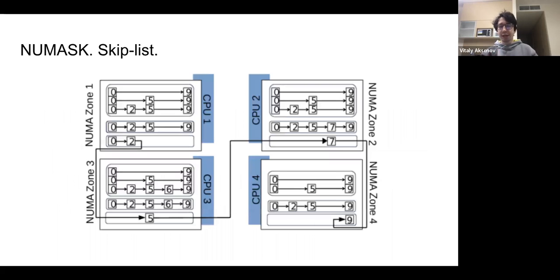So the picture looks like that. Each socket, as you can see, has three parts: the topmost index layer, then the intermediate layer, and a global data layer which is distributed between NUMA nodes. For example, suppose we're in the second socket and we want to find element 7.